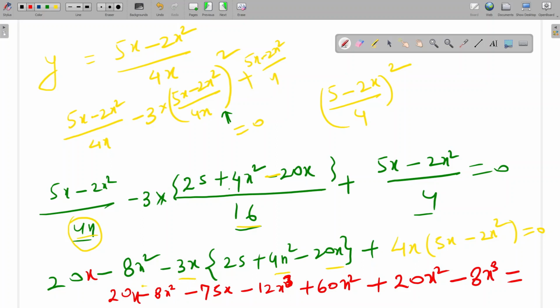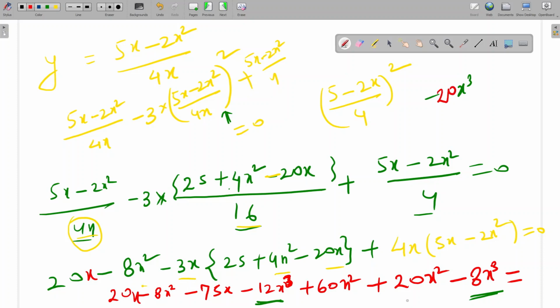Can anyone see? We are not getting any constant term. Yes, sir, there is no constant. So it will come as a quadratic equation, I think. One x will be there, x into some quadratic equation. So can anyone tell me what is the total x cube term? This minus 8 is there, and here minus 12, so minus 20x cube, correct?